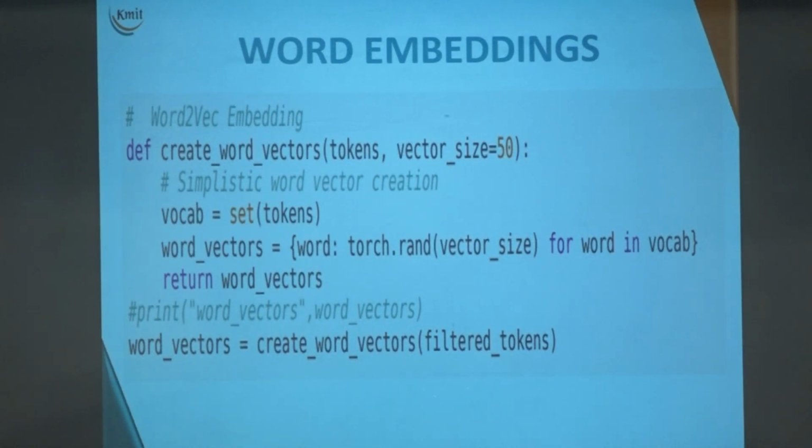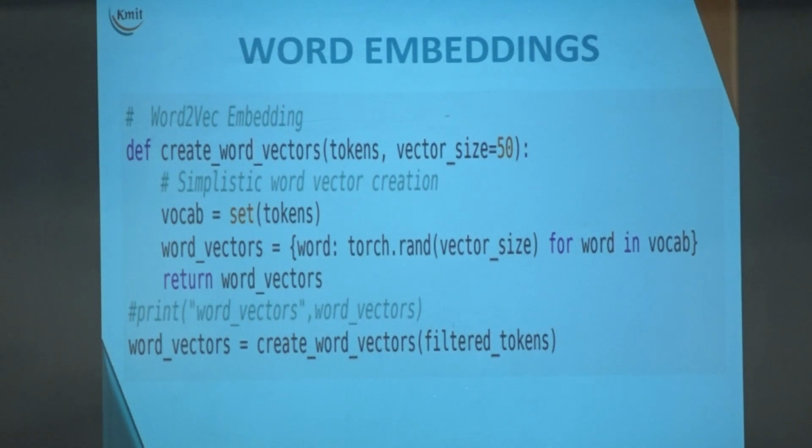So here it will be done by creating a dictionary. Key will be your rows, which is your vocabulary, and the values will be the vectors. How are the vectors generated? They should be generated randomly here, because you are not using any pre-trained model for vectorizing. Understanding, guys?